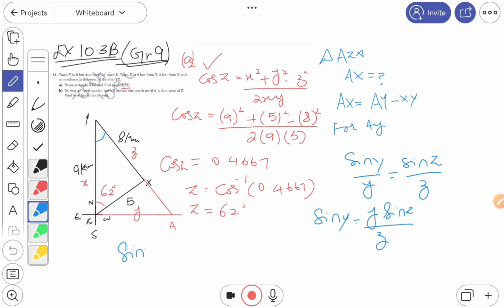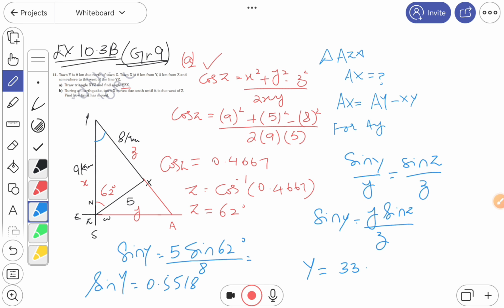Sine Y equals 5 sine 62 degrees over 8. Y is 33.5 degrees.